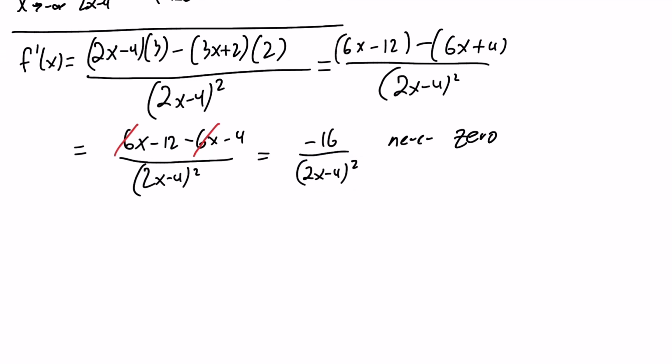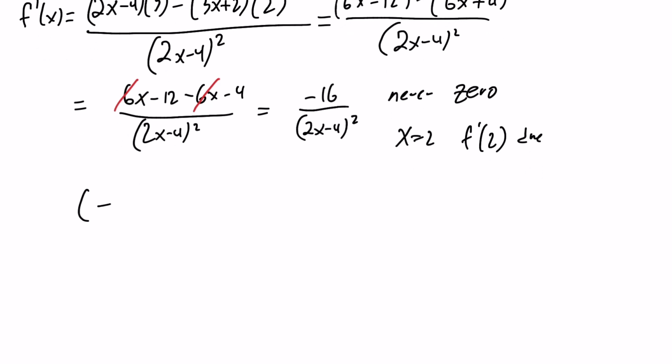Yeah, at x equals 2. So at x equals 2, f prime of 2 does not exist. Okay, so this gives us two intervals, an interval from minus infinity to 2, and an interval from 2 to infinity.